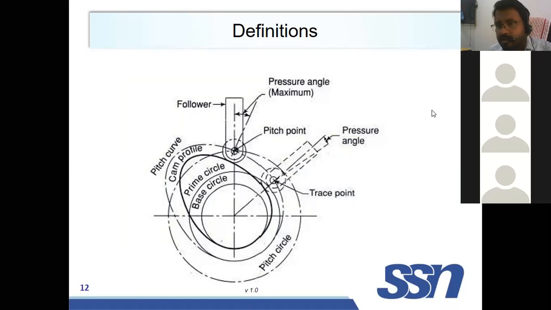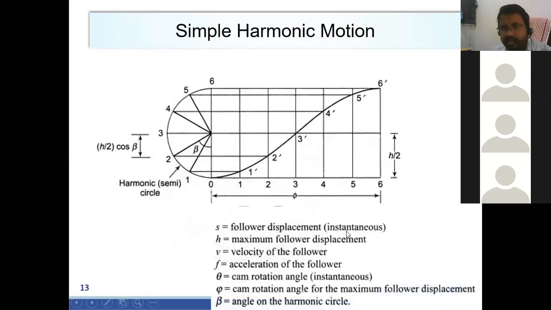Sir, the angle between the normal to the pitch curve and the direction of the follower motion, sir. Very good, very good. So pressure angle is also very important when you consider the design of the cam. So you should know that also. So we'll go for the next part.